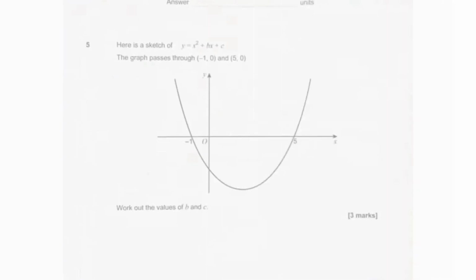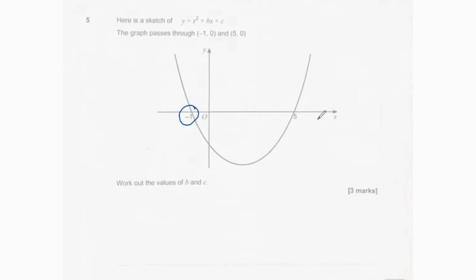Question 5 says, here's a sketch of y equals x squared plus bx plus c. The graph passes through -1, 0 and 5, 0. Work out the values of b and c. So these are our x-intercepts. So x plus 1 times x minus 5 equals y, basically.